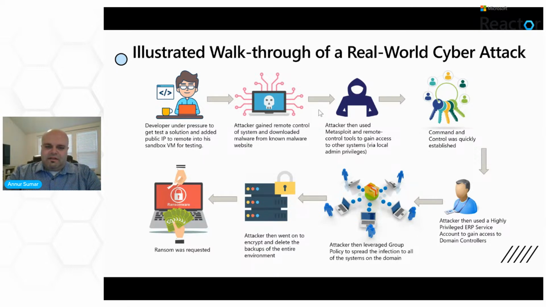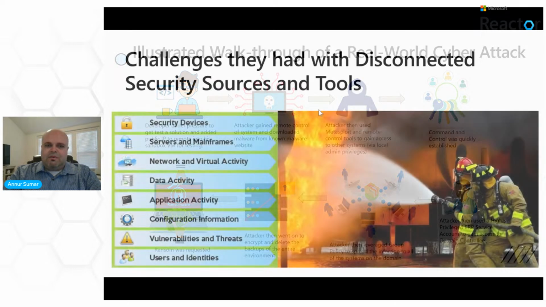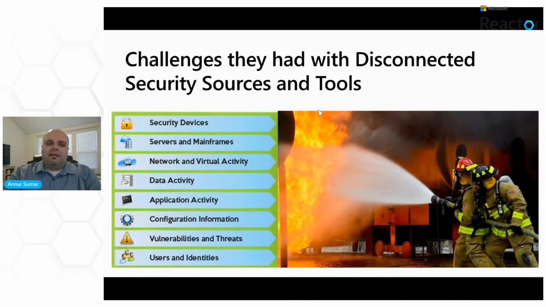In this particular scenario, the challenge was that while the attacker was going through the environment, they didn't have any way to really see what was going on. They had several disconnected security tools and sources.